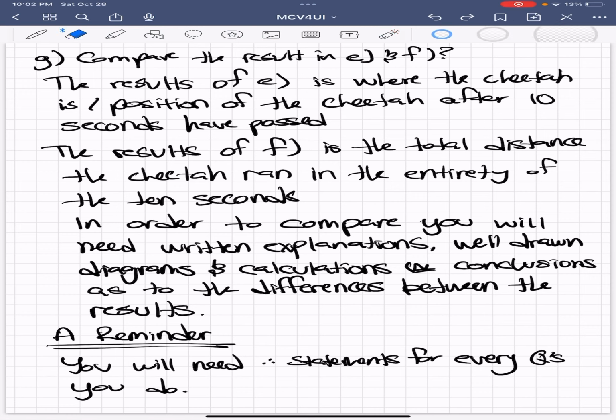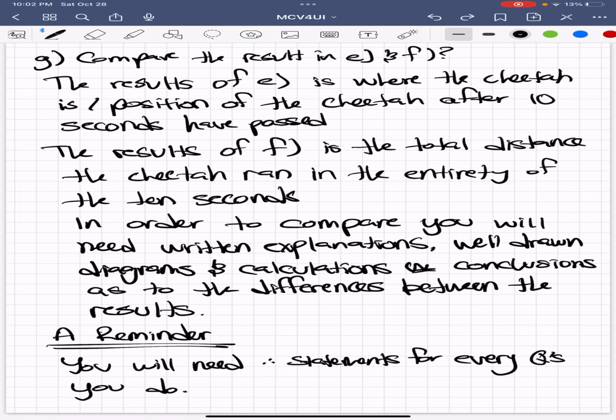The result of F is the total distance the cheetah ran in the entirety of the 10 seconds. And then E is where the cheetah is after 10 seconds.